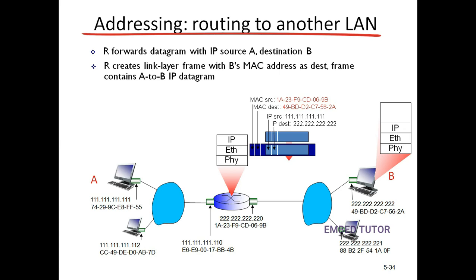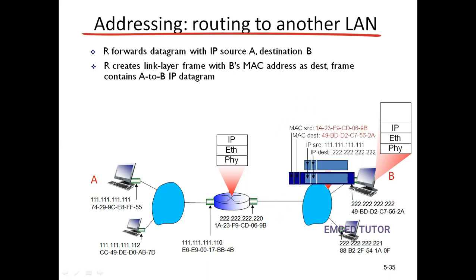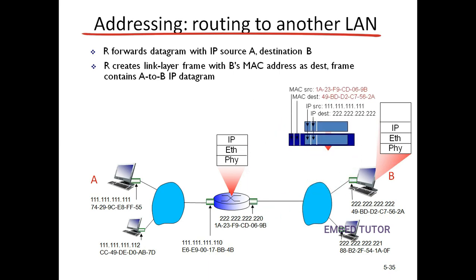Fine. So with this, it is clear that the MAC address is visible only within the local area network, and a new frame is formed, and the new frame is now pushed into the network N2. The network N2 will now receive this frame, and the frame will pass through the media and finally reach the destination node B. The destination node B will understand that the destination MAC address is its MAC address, so it has to process this frame.